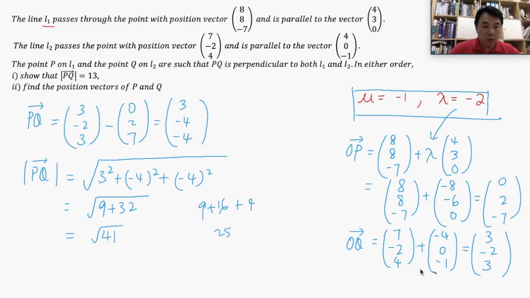Let me correct that. Oh, oops. I did it again. There should be a 1 instead. Then because it is a 1, this one would yield a 5 now. So this is where I made my mistake.